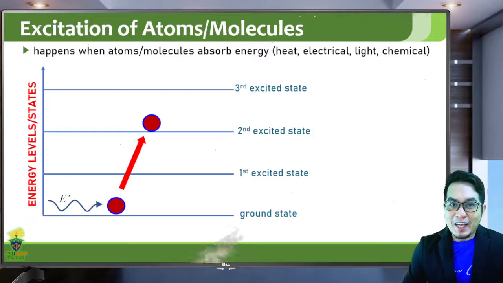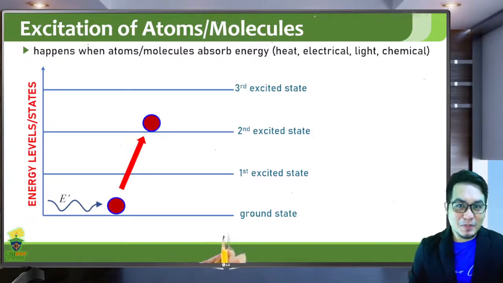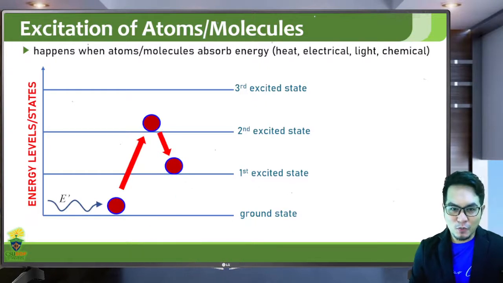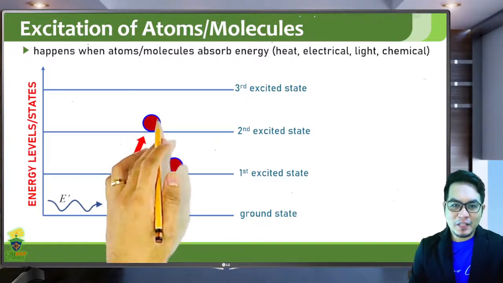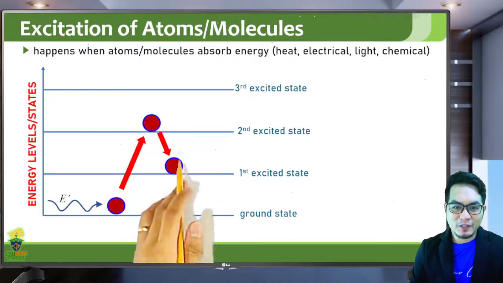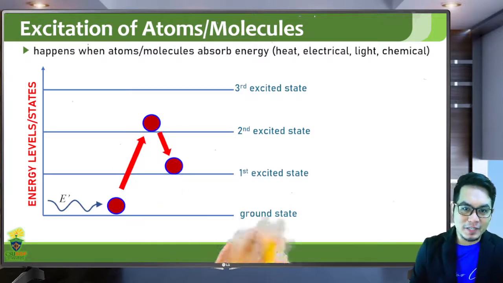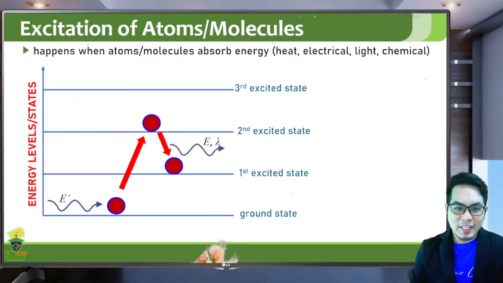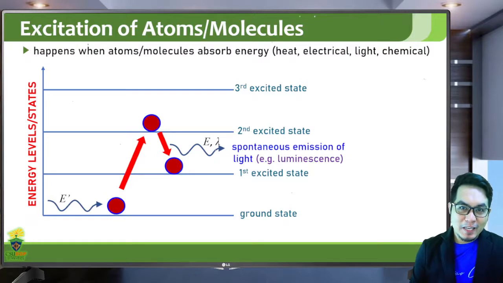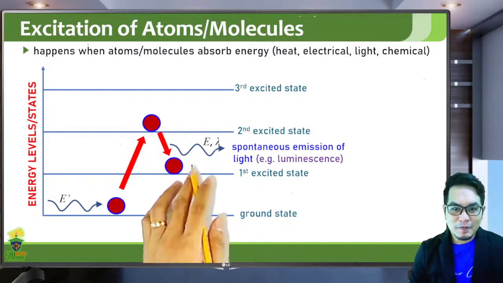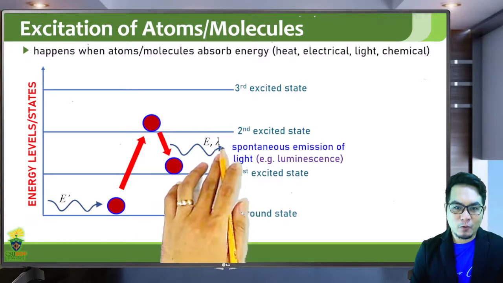But eventually, the material or the atom will be de-excited. And in the process of de-excitation, suppose the atom de-excites from the second excited state to the first excited state energy level. In that de-excitation, it will spontaneously emit light at a specific energy and a specific wavelength.